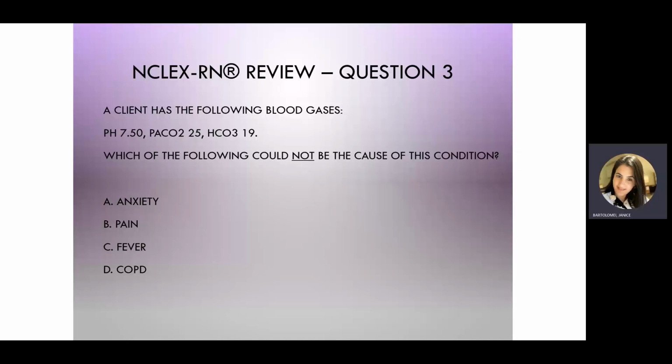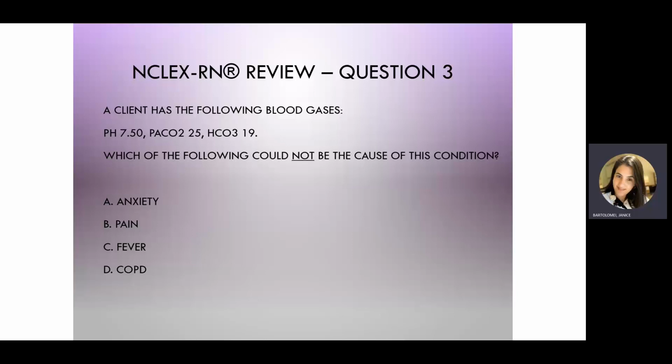Less than 35. So we already have some opposite arrows over here. Is my bicarb up or down? Okay, it's down. Well, I already know it's not metabolic because look, the arrows are going in opposite directions. Metabolic is not opposite, it's equal. It goes in the same direction.